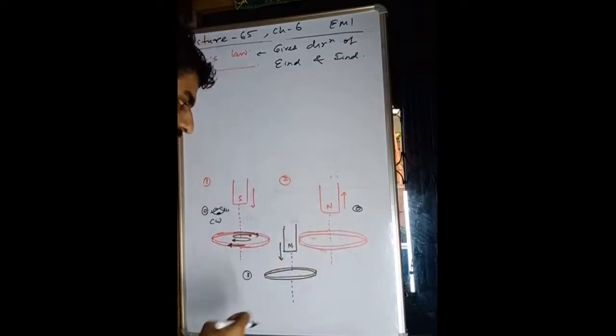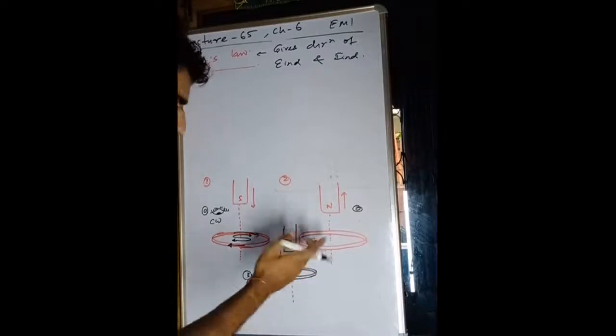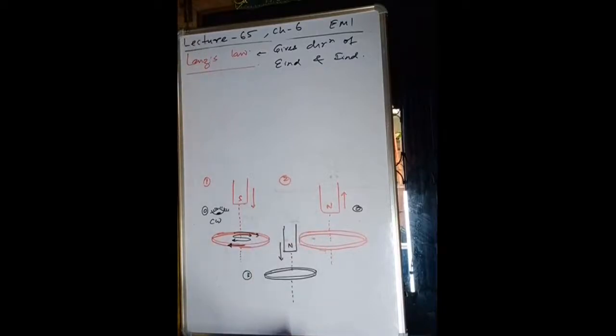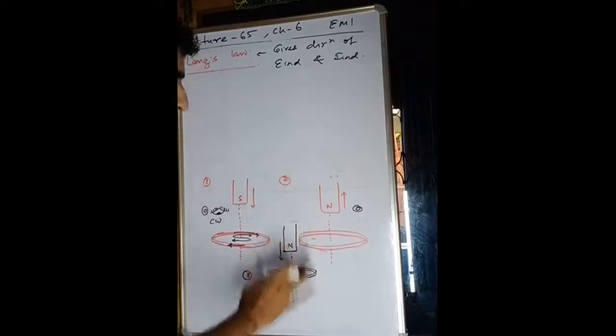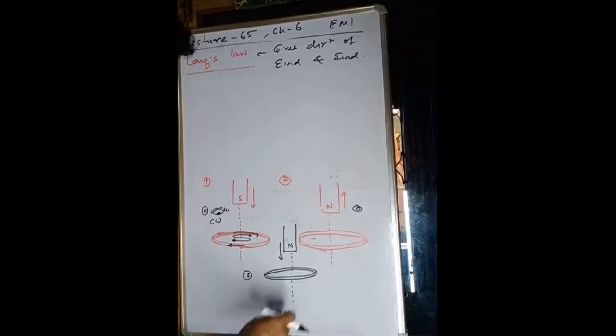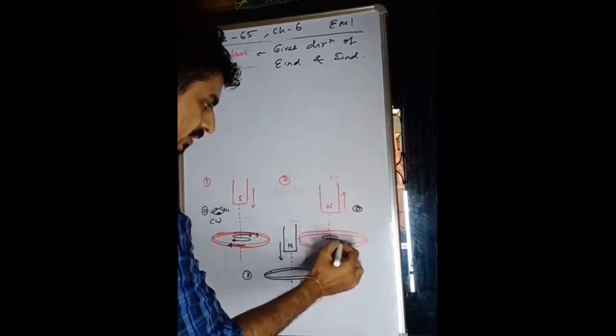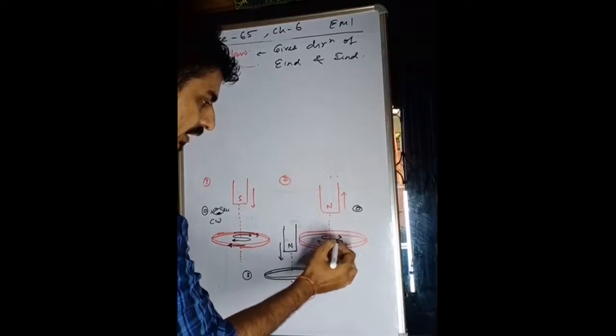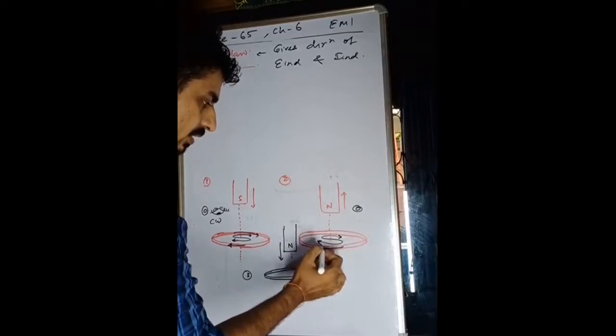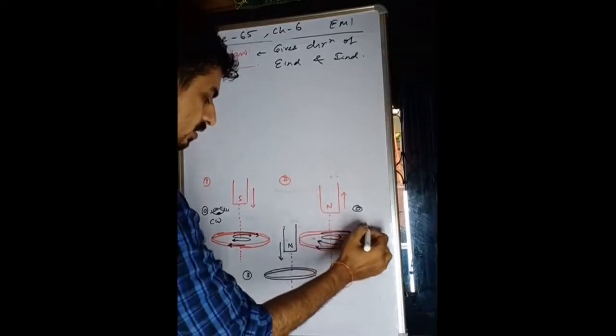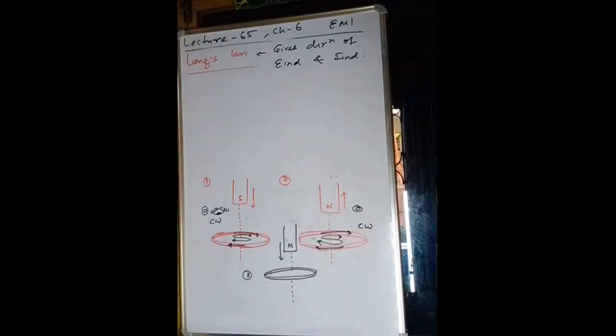The coil doesn't let the magnet go away, and doesn't let the magnet come towards it. So the north pole is going away, a south pole will appear again, and the current will again be in the clockwise direction.